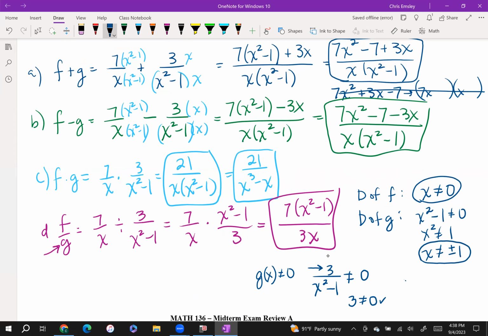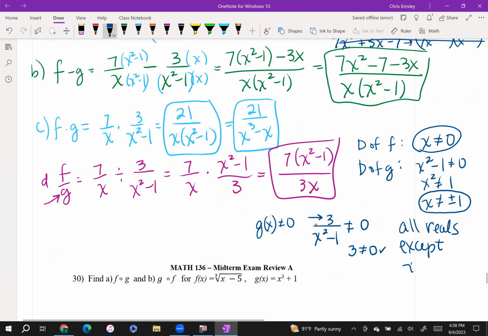So our final answer for the domain is all reals, except x cannot be -1 or 0 or 1. Here, the directions didn't specify that I had to write it in interval notation, so I just wrote it out in words.